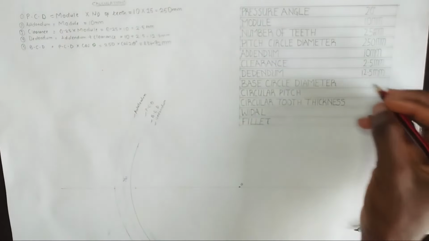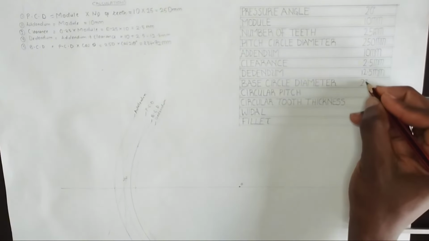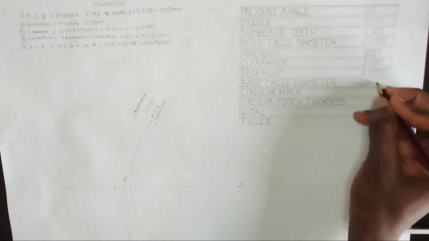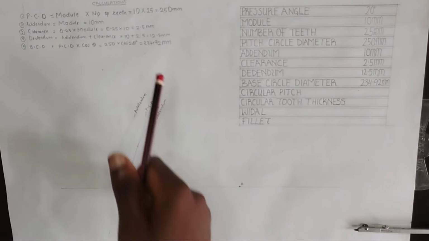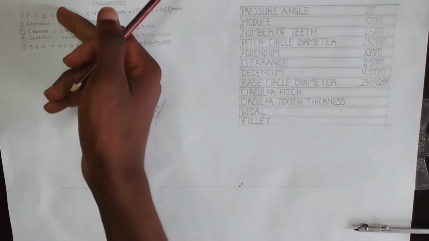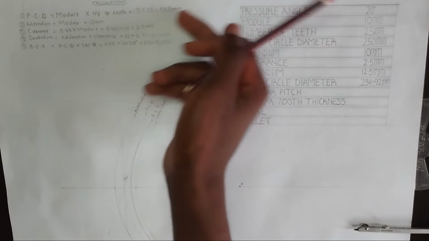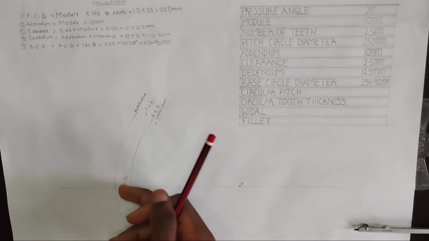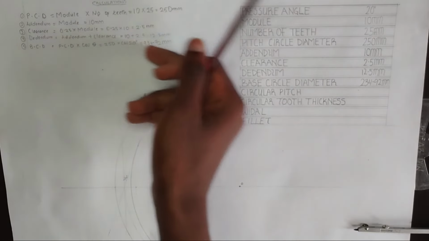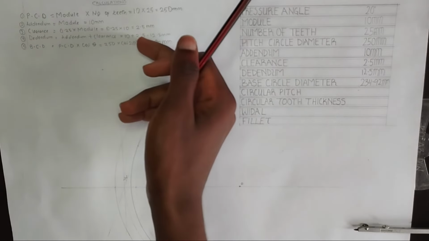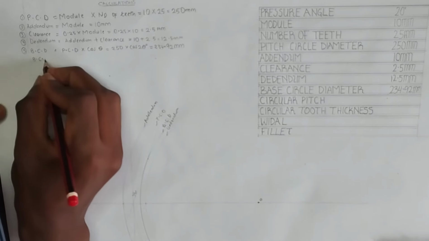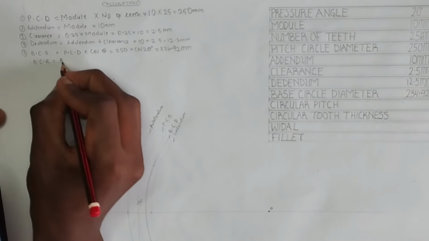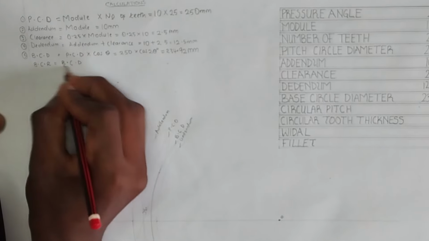So we are going to write it right here. This is 234.92 millimeter. Okay, so how do we calculate it? Like we said in the beginning, PCD was 250 millimeter. So with BCD, which is 234.92, we are actually looking for the base circle radius, which is going to be the base circle diameter divided by 2.